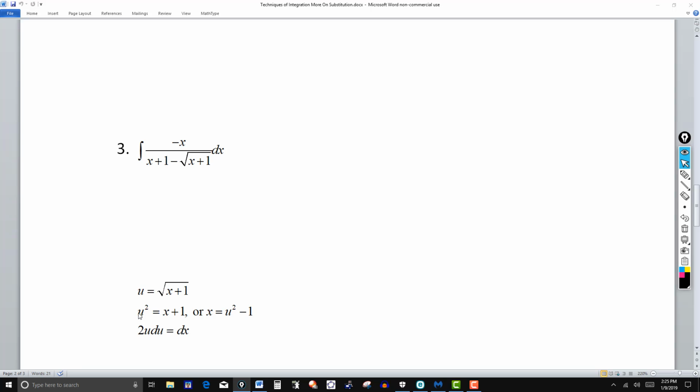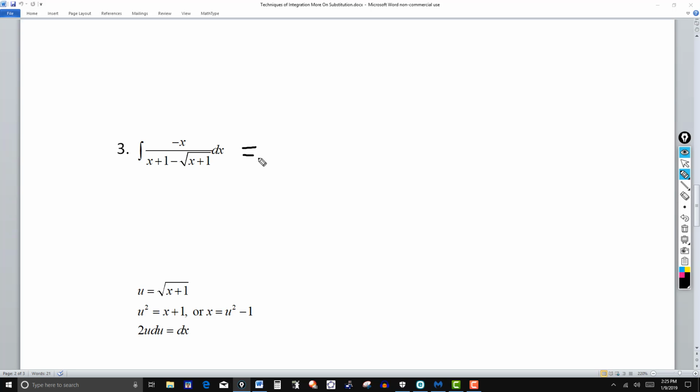So then with those substitutions, the objective is to transform this integral, the radicand especially, into an integral that simply involves the variable u. And hopefully it'll be one of those standard formulas that we can easily apply to solve the problem.